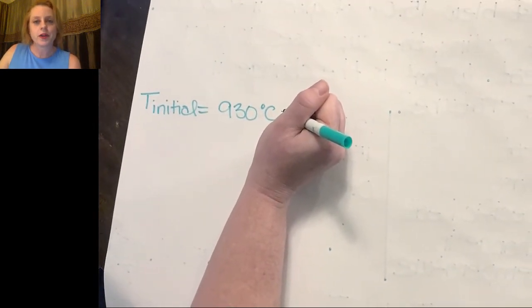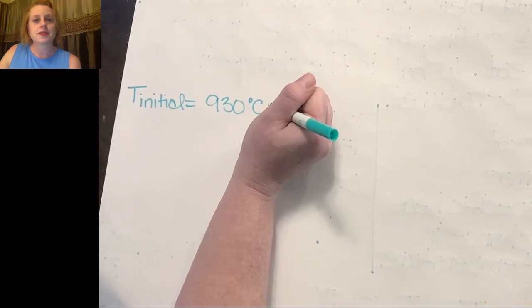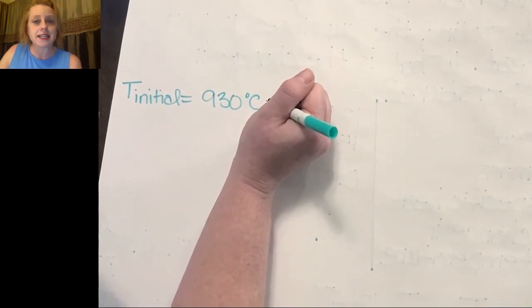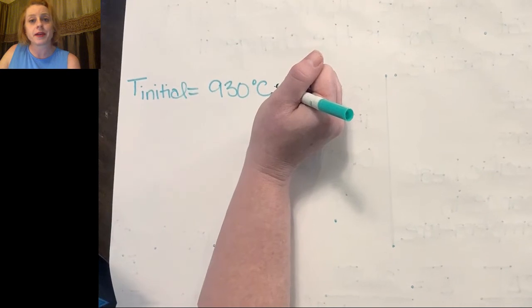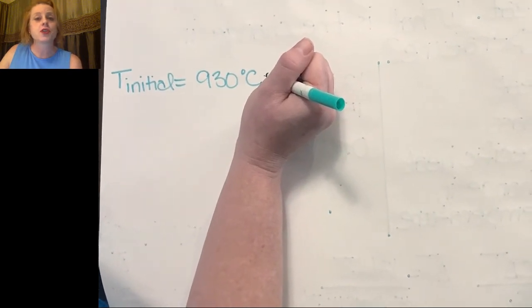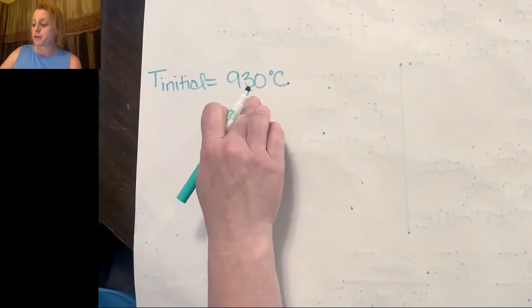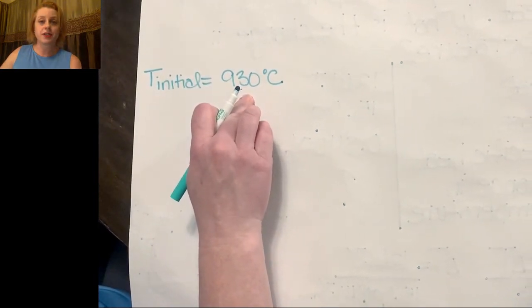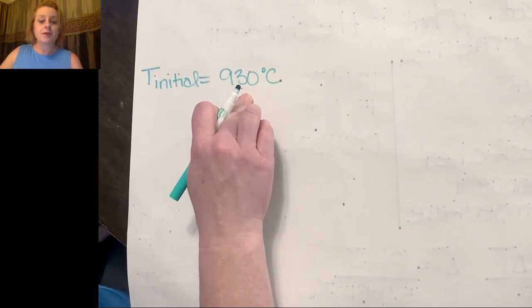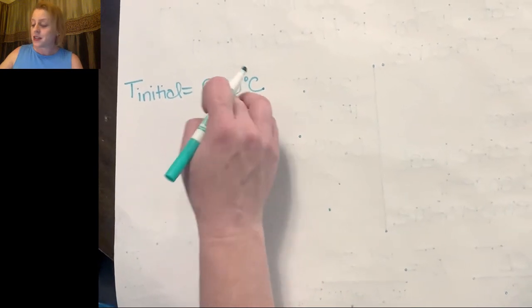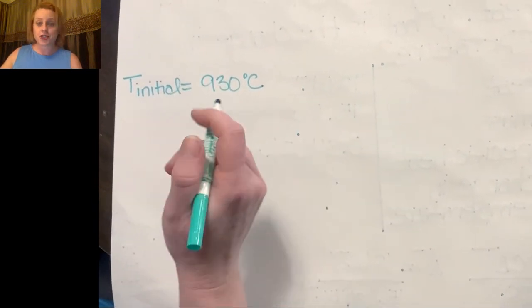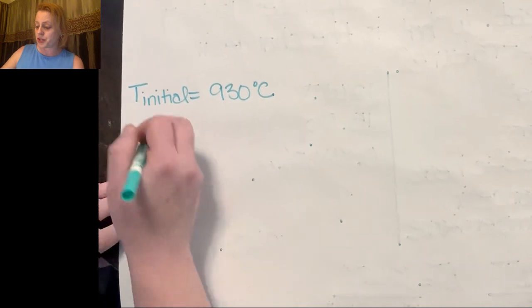Now remember, we are cooling, so the system is losing heat. That makes it exothermic. If the system is losing heat, I am going to take my initial temperature, 930 degrees Celsius, and I am going to subtract my change in temperature to get my final temperature.